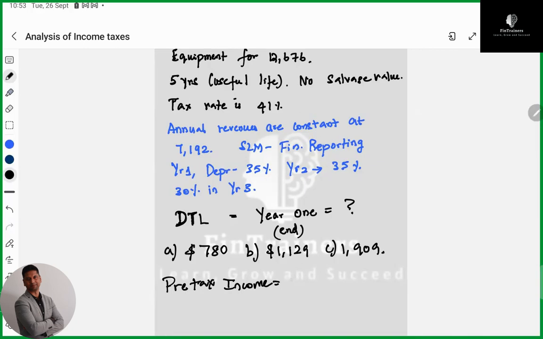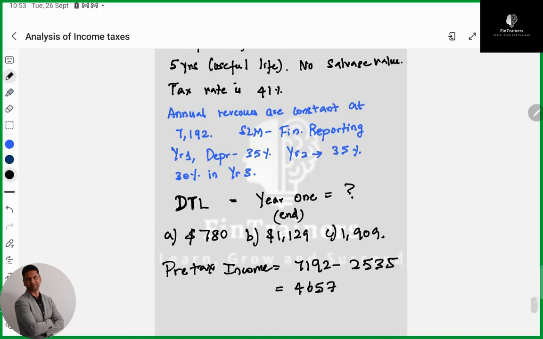So pre-tax income is what? 7,192, the revenue, minus depreciation expense, which is 12,676 divided by 5. What is that? 2535. So which is giving me 4657. Okay.